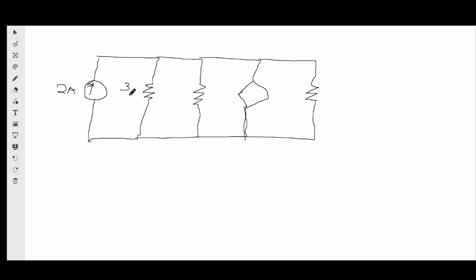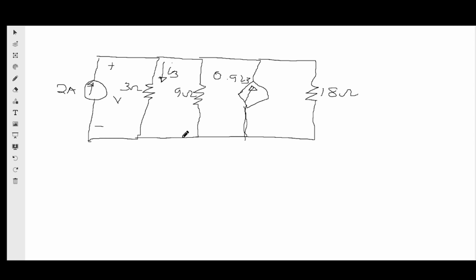So we have 3 ohms, 9 ohms, 18 ohms, and we have the dependent current source here, which is 0.9 I3. And don't forget, this is the I3, and of course this is the voltage.